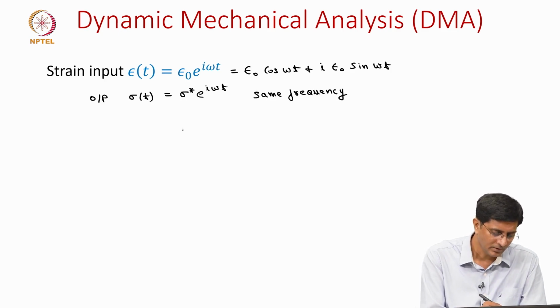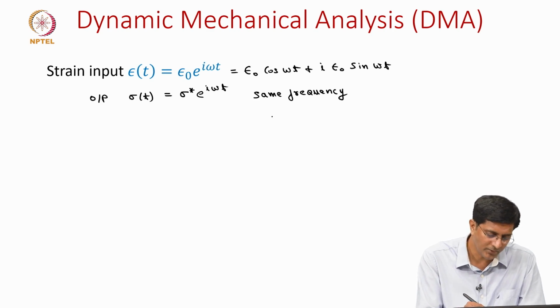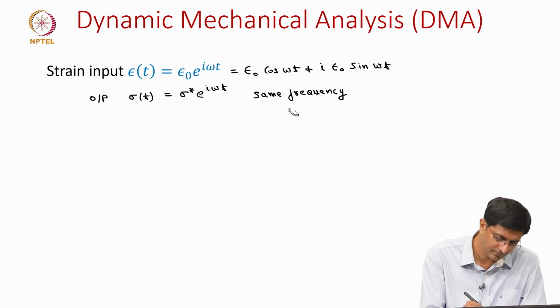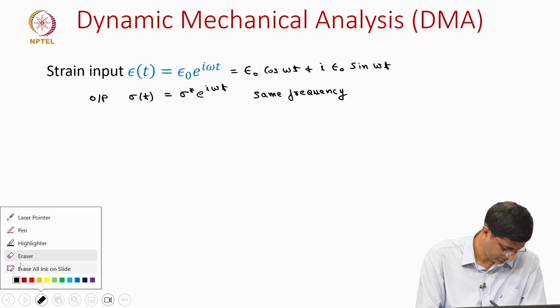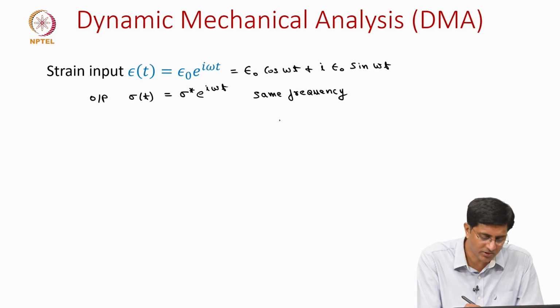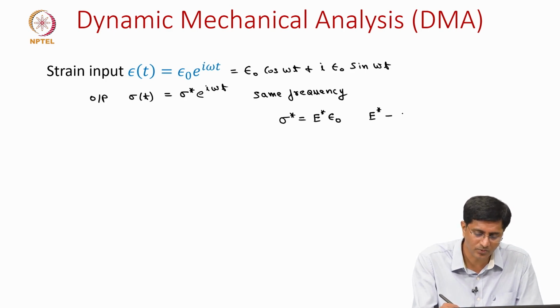Okay. Now, what we will do is we will replace this sigma star as E star times epsilon naught. What is E star here? E star we will define as the complex modulus.